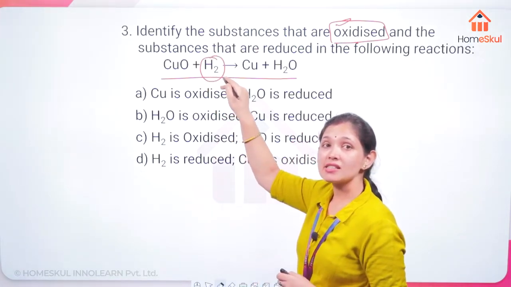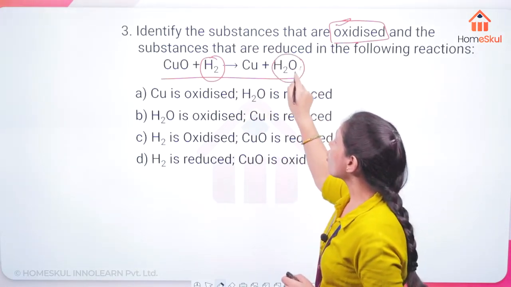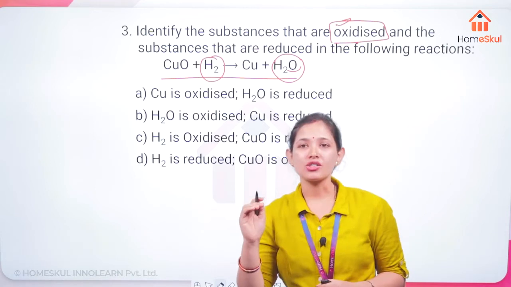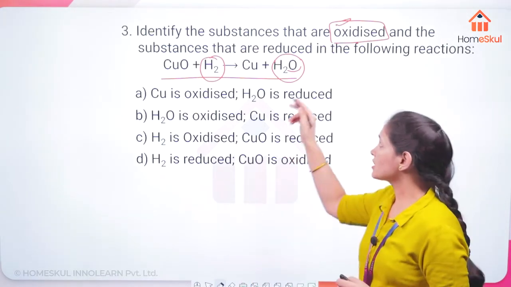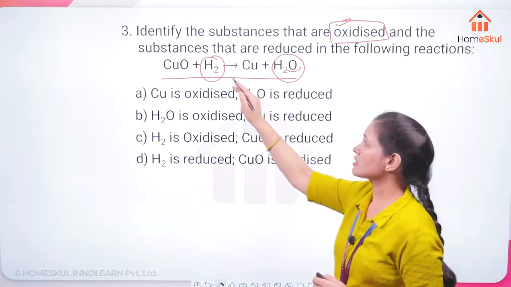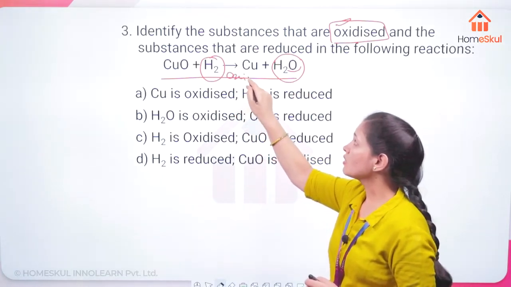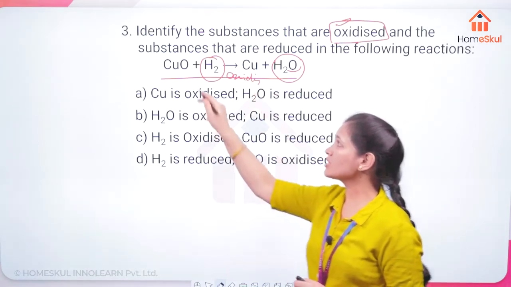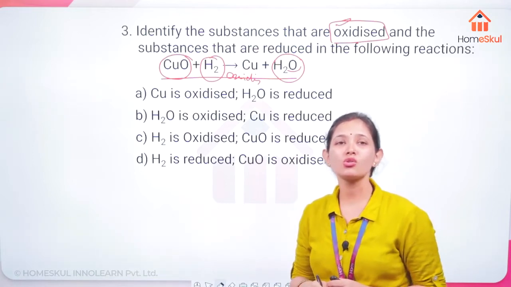Here you can see in the reaction that on the reactant side you can see H2, and in the product side you can see O is added to H2, that is hydrogen gas. So addition of oxygen is taking place in H2, so it is getting oxidized. And CuO is there, it is going what?